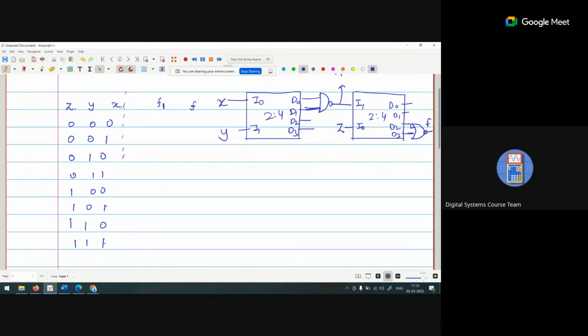When X is 0, Y is 0, we are getting D0 as 1.